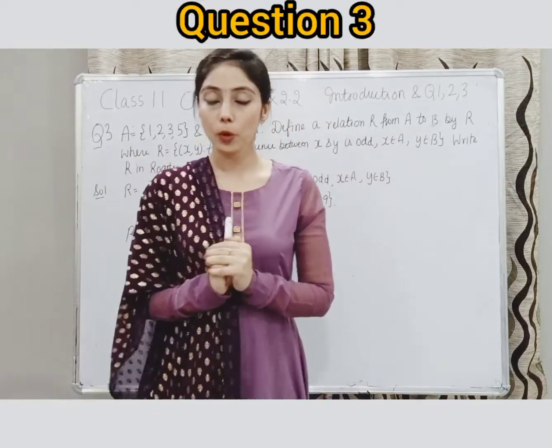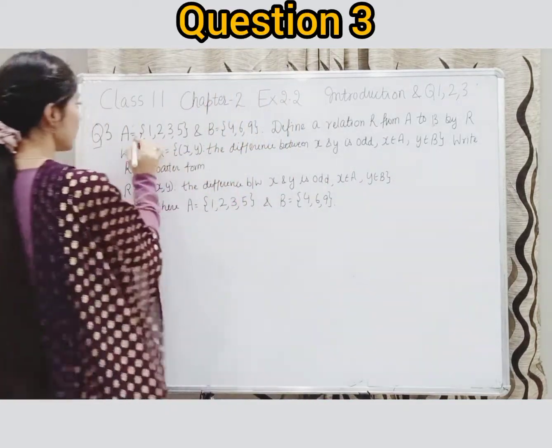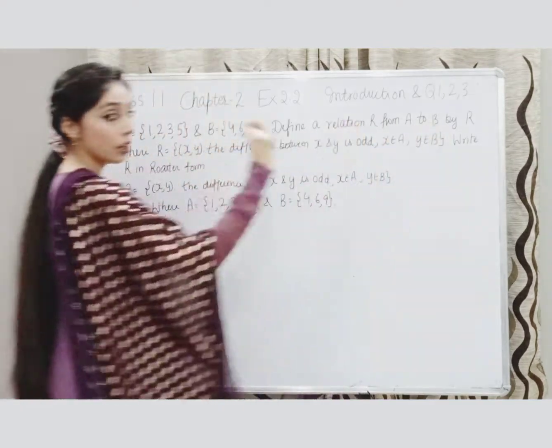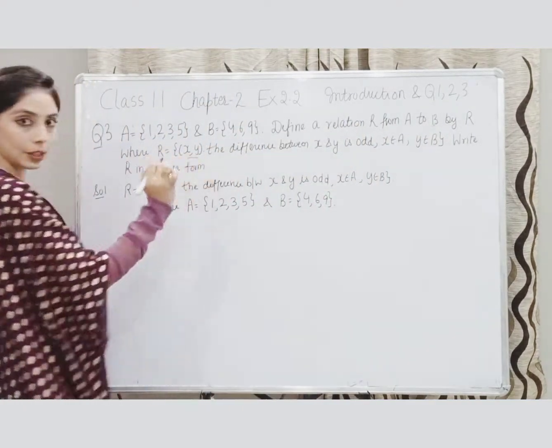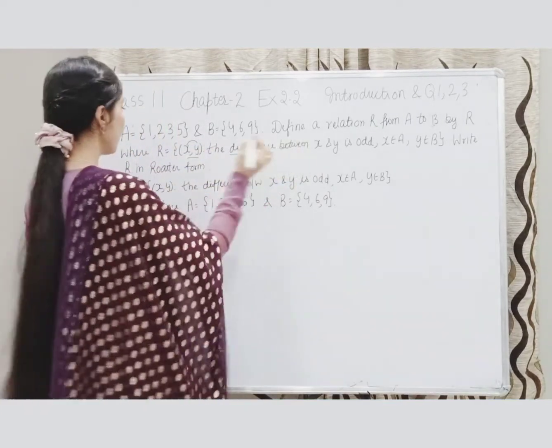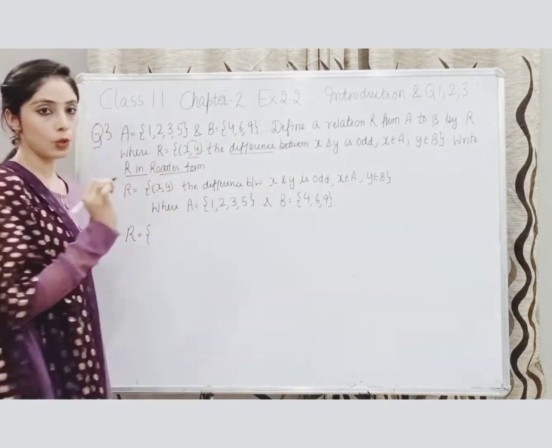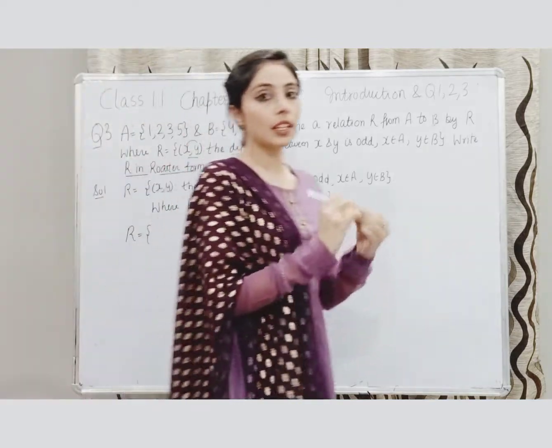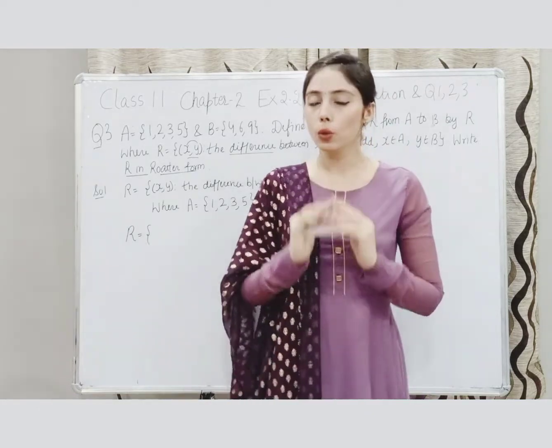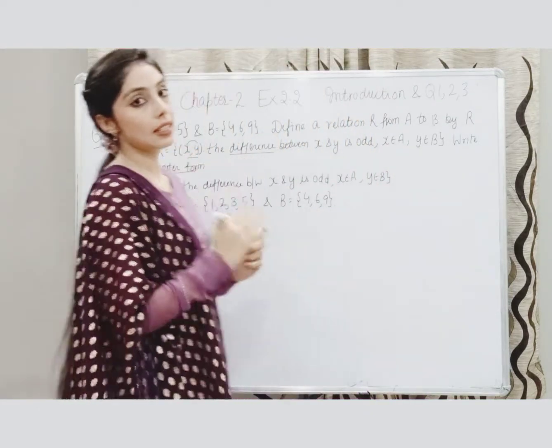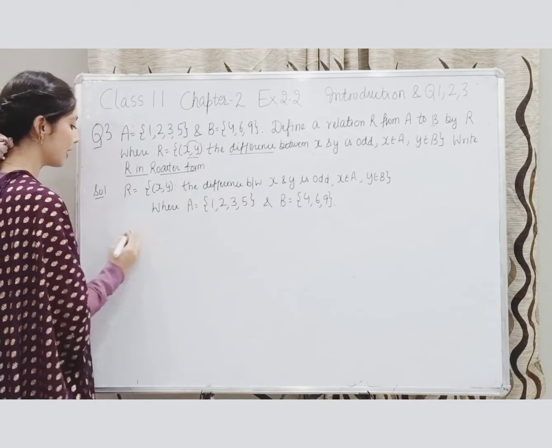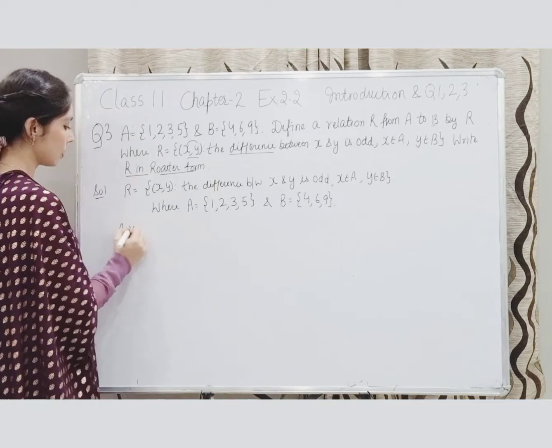Now let's discuss question number 3, which is: if A is equal to this, B is equal to this, we have to find a relation from A to B where R is given as those (x, y) such that the difference between these two is odd. We have to write R in the roster form. Two sets are given, we have to find the relation and write it in roster form. We all know that a relation is a subset of the Cartesian product. First of all we will find the Cartesian product of these two sets.